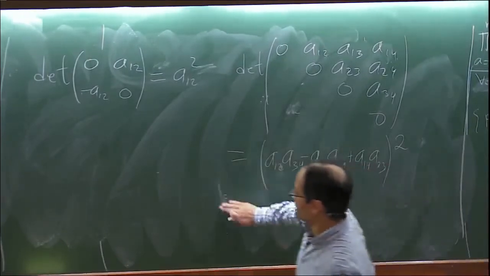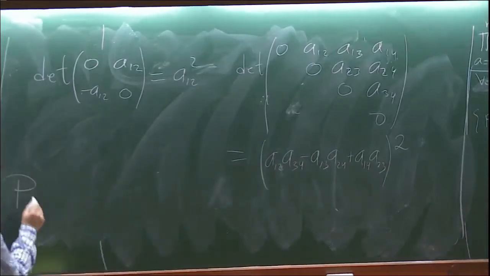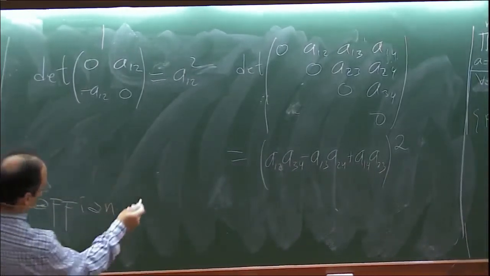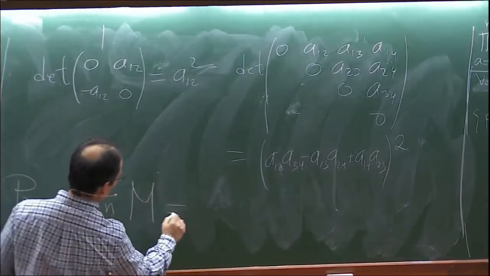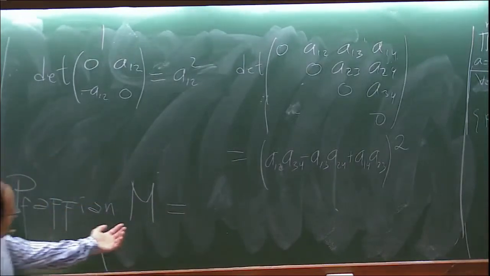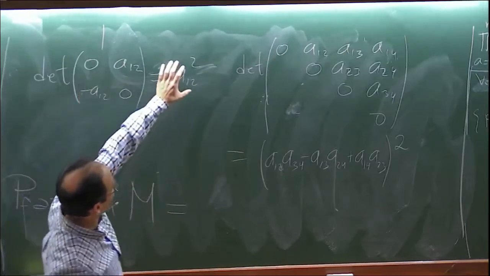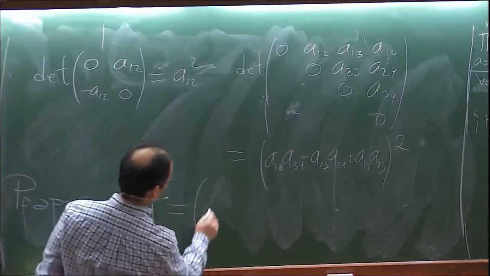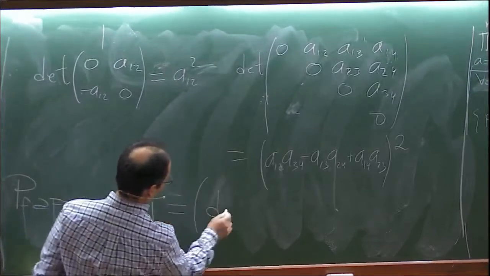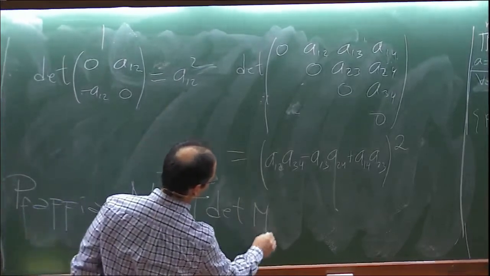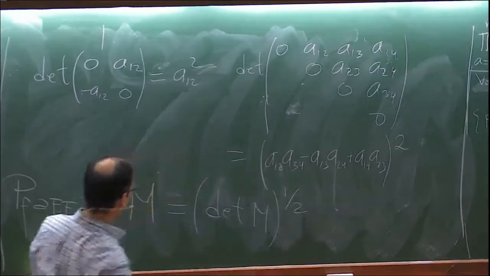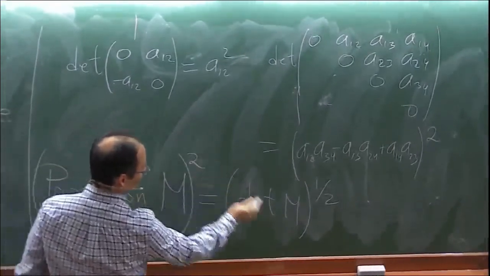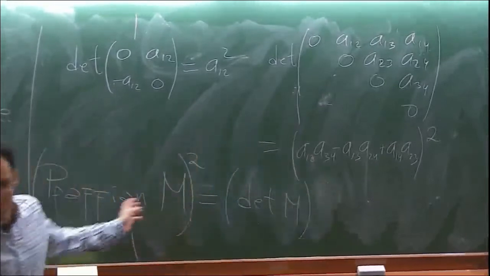And that motivated mathematicians to define something that is called the Pfaffian of a matrix that is anti-symmetric, which happens to be, roughly speaking, the square root of the determinant. So there is a precise definition. But even better, in order not to give you the precise definition, I can define this like this, and it's exactly correct.